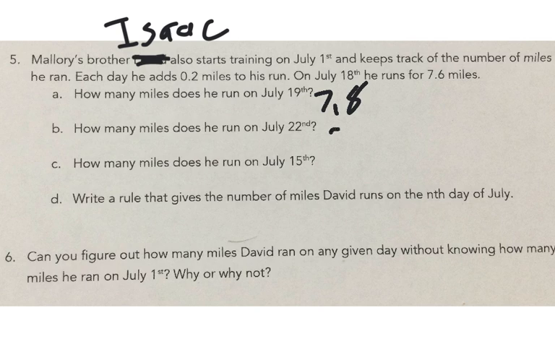And on July 15th? So can you write a rule that gives the number of miles he runs on the nth day of July?